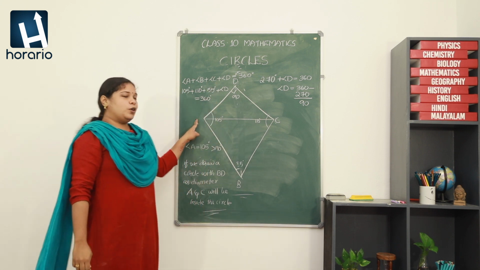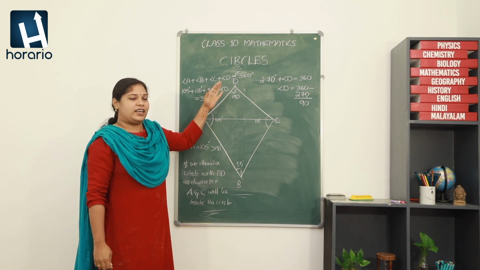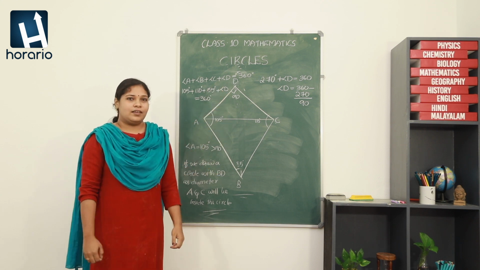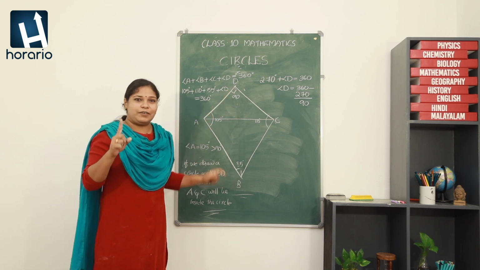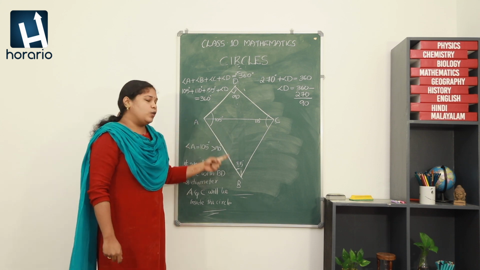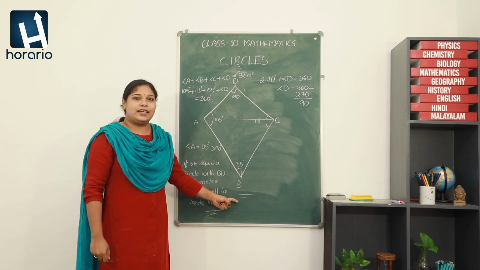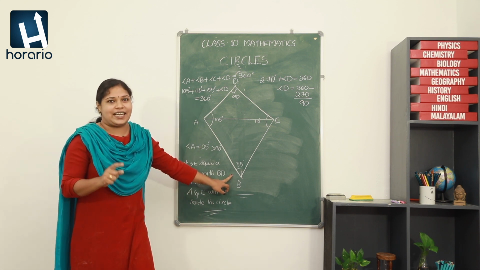If we draw a circle with AC as diameter, now can you find out where is D and where is B? Yes, D will lie on the circle. Why? Angle in a semicircle is right. And what is the position of B? It is lying outside the circle because its angle measure is less than 90.